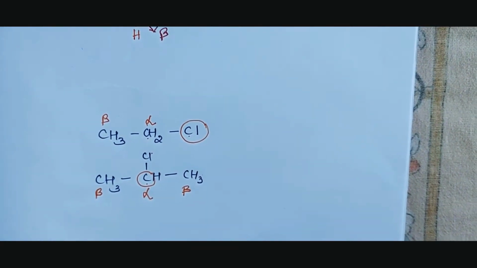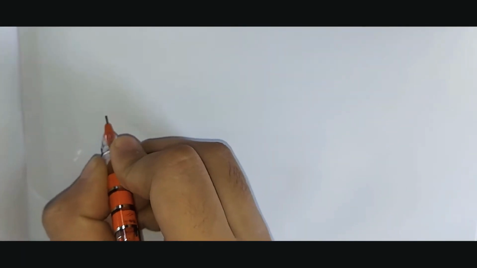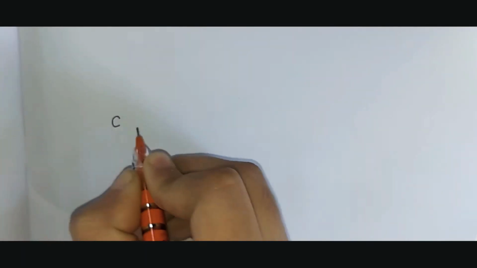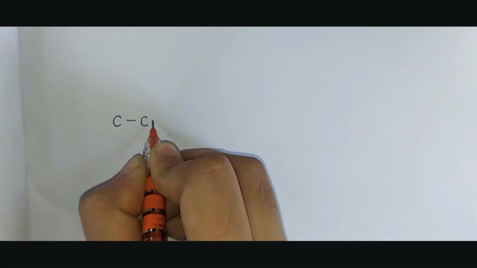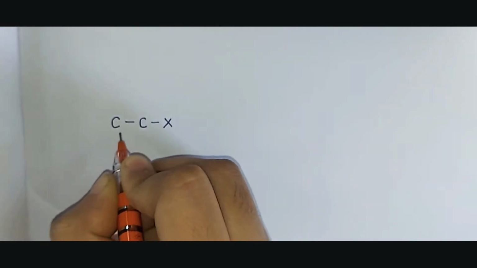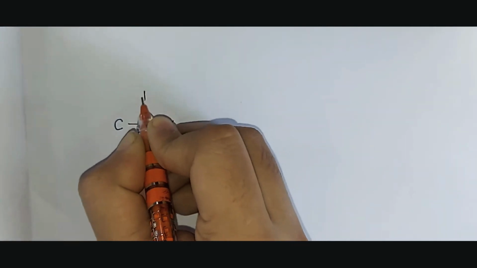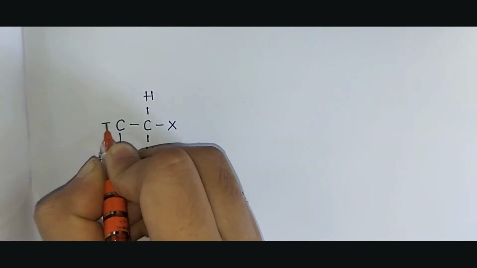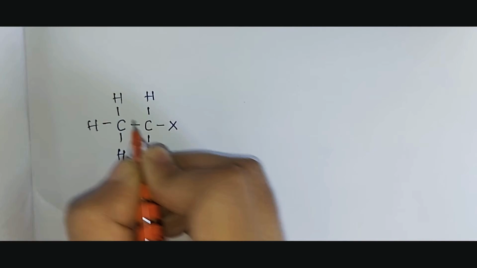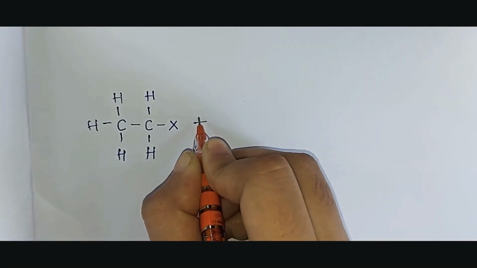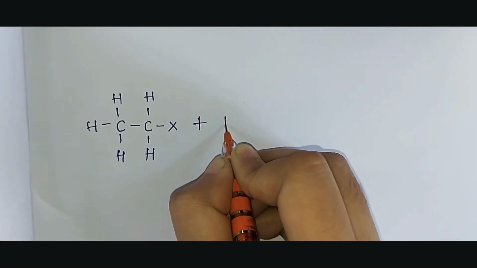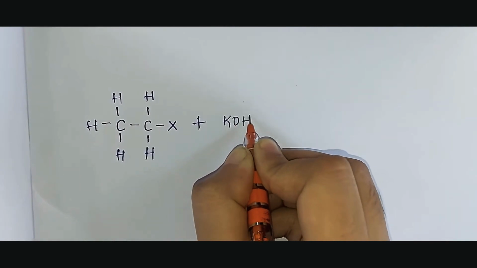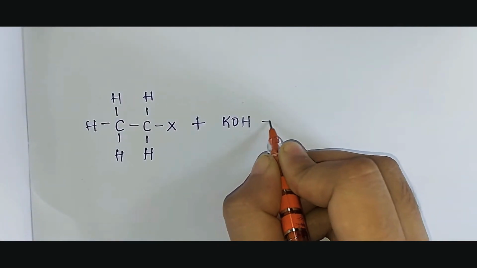In this example, we will observe how an alkyl halide reacts with potassium hydroxide and elimination of beta hydrogen takes place. We'll consider here an alkyl halide, commonly an ethyl halide, carrying out the reaction with potassium hydroxide, so plus KOH. See, 2 things you have to remember here. Which is the alpha carbon atom here?